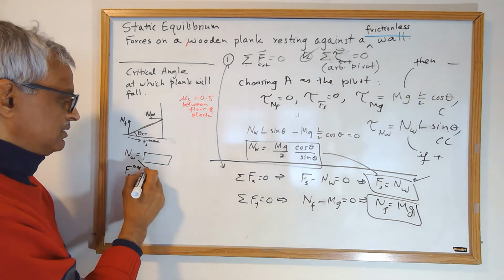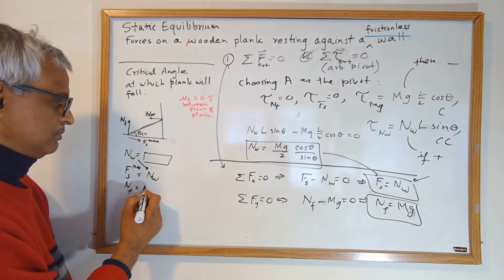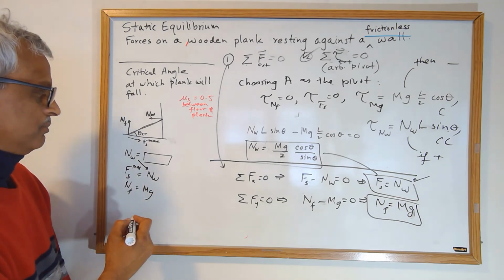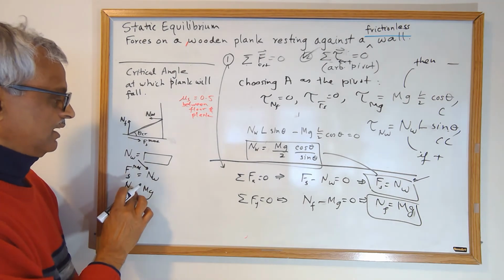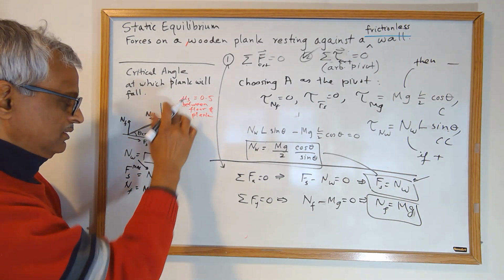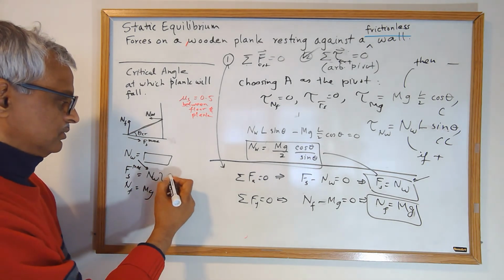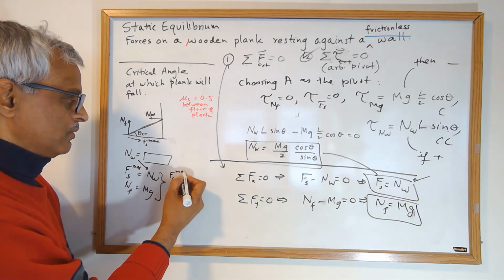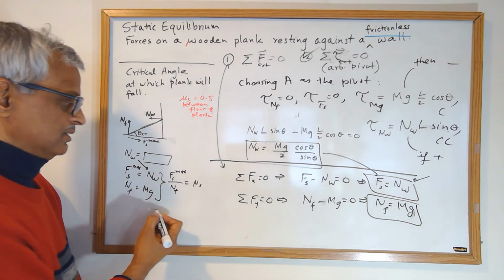So that's this stuff, and then you're going to get Nf equal to mg. Because this is Fs max, the ratio of that equals mu s. So we will take the ratio Fs max over Nf, and set it to mu s.